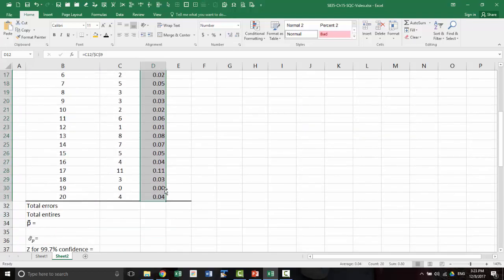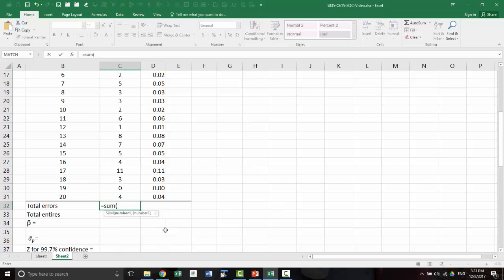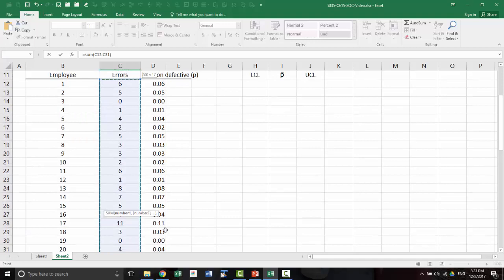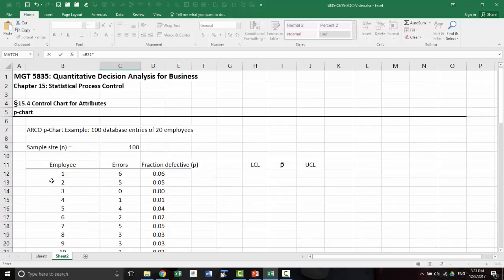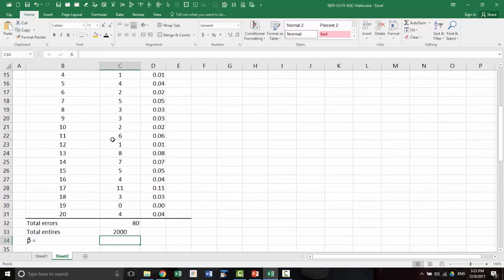Format properly, and let's put the bottom border back. So total errors is 80. We already knew that, right? Total entries: there are 20 samples, each with 100 observations.